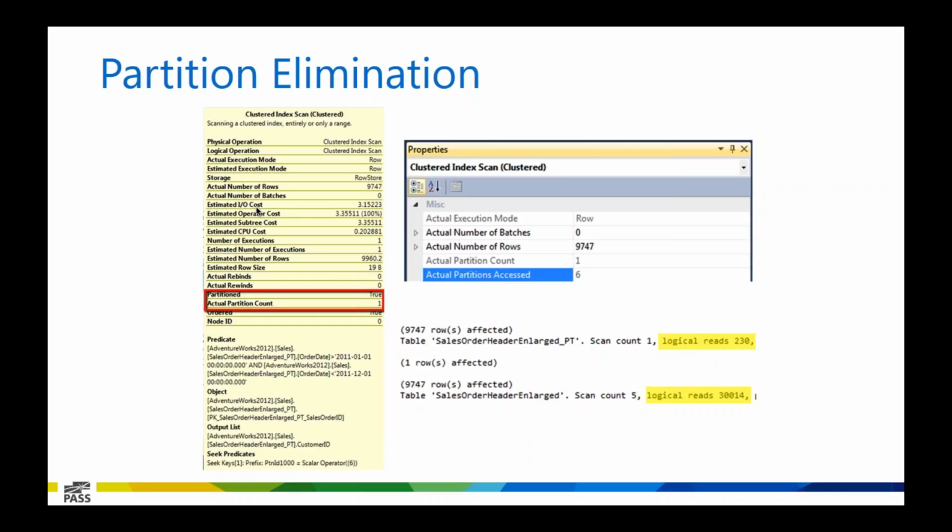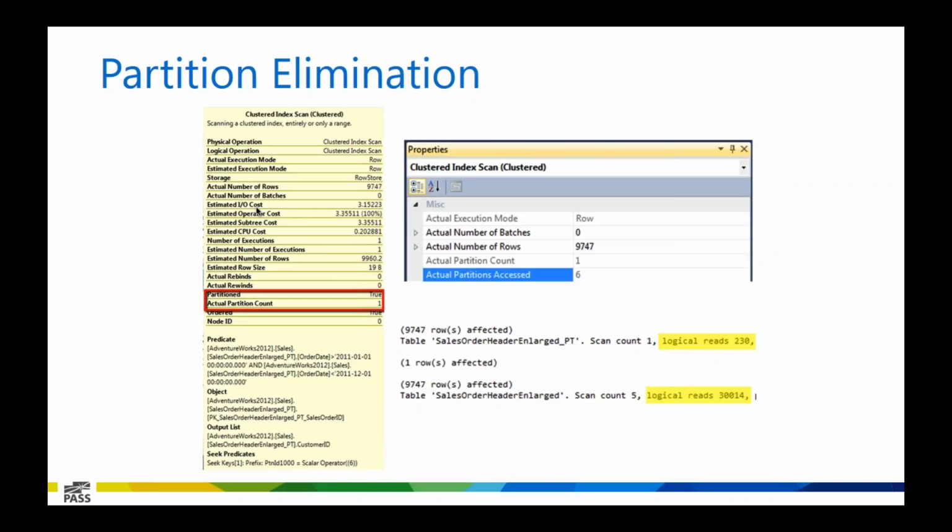Automatically, behind the scenes, the optimizer is going to say, this table is partitioned. If you hover over the tooltip, that's where you would see partitioned and actual partition count. That's the optimizer saying, oh cool, this table is partitioned, and we only need one single partition, so let's skip the rest of them. So that's what you'll see there.